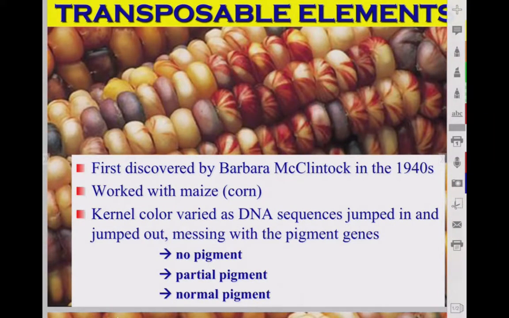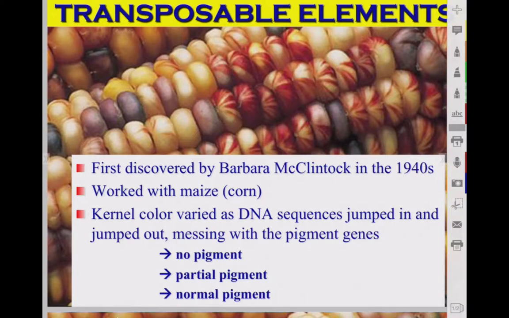Nothing new is being introduced, but we're getting variation within the organism, even when it isn't reproducing. We were getting some color variation, and some of it was explained by these transposable elements, where there's non-pigmented, partially pigmented, and normal pigmented corn. As that gene would land in different positions, you get different protein expression. So you got reds and blacks and things like that, right?